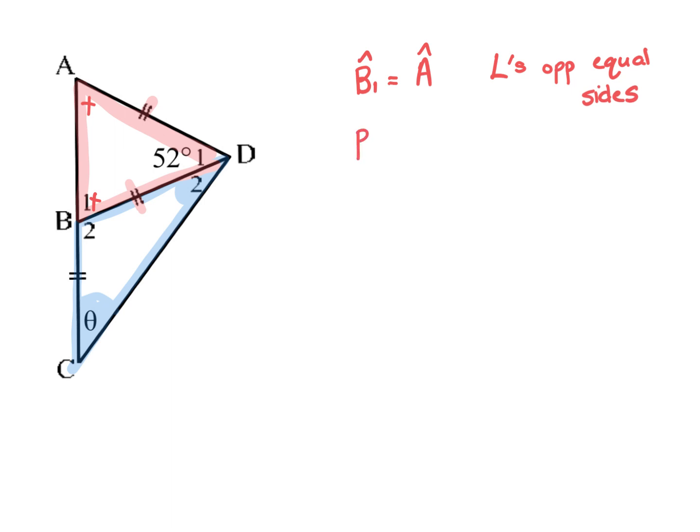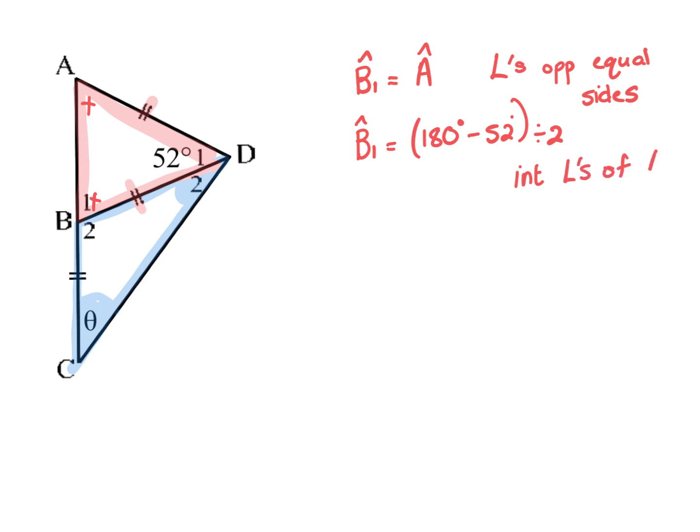So I'm going to say that B1 would equal 180 minus 52 degrees, and then I'm going to divide that by 2. Because remember that A and B1 are the same. And my reason for this would be int angles of triangle.